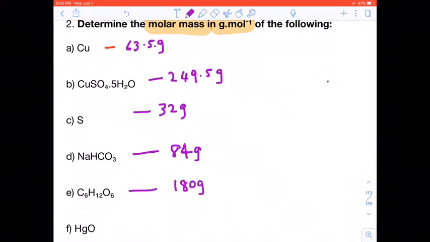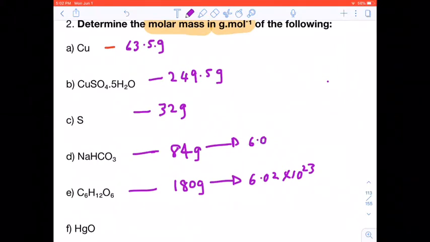So 180 grams implies that it will be having 6.02 times 10 to the 23 molecules of C6H12O6. That would mean 6.02 times 10 to the 23 molecules of that. This one implies that it will have 6.02 times 10 to the 23 atoms of sulfur, right?